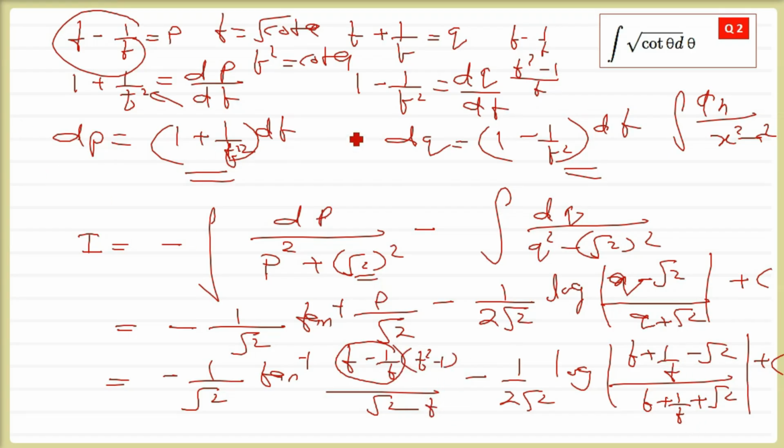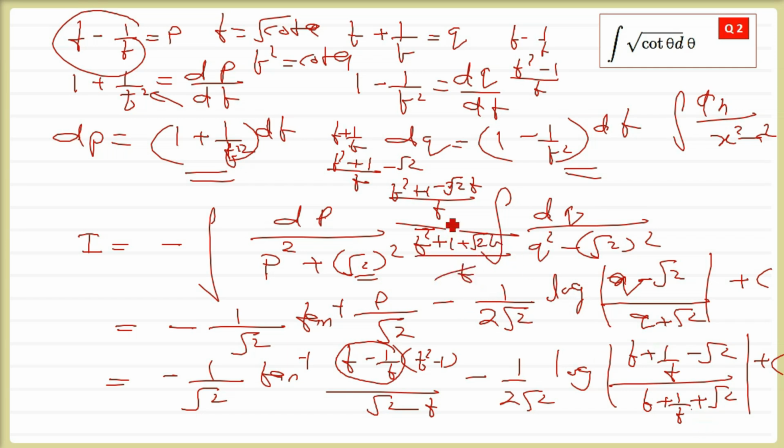Here also t plus 1 by t will form what? It will be t square plus 1 by t along with a negative root 2 and a plus root 2 in the denominator. So t square plus 1 minus root 2t divided by t. Denominator also will come like this. t square plus 1 plus root 2t divided by t.